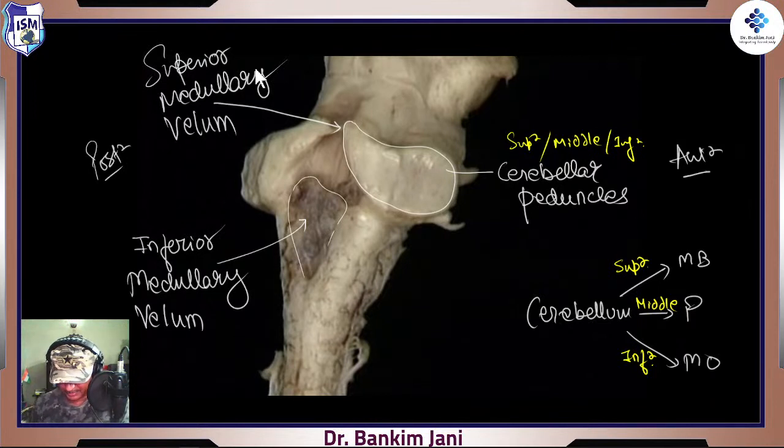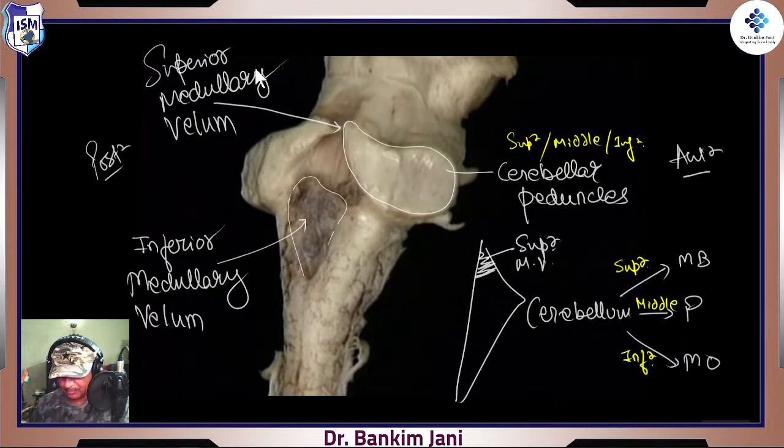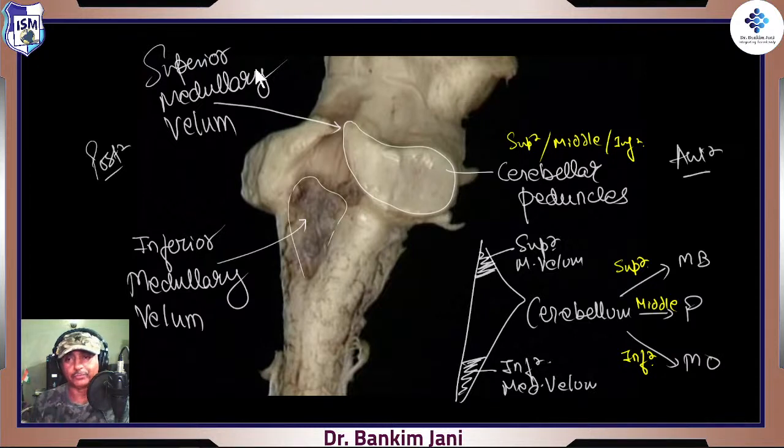Okay, let's draw it again. Say this was the fourth ventricle. So over here, this is the superior medullary velum, and over here it will be forming the inferior medullary velum, which will be forming the roof. That is how it is arranged.